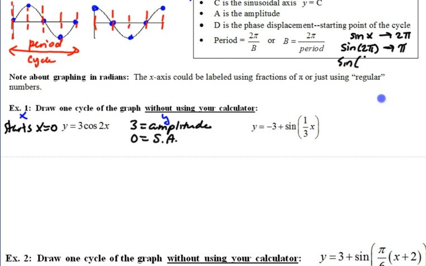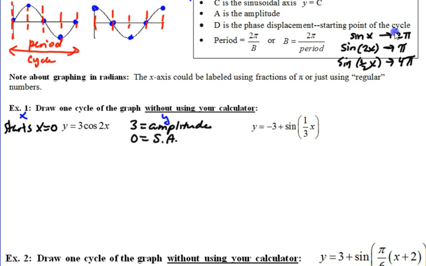If this is 1/2 x, this has the effect of making the period twice as wide, so our period is now 4 pi. Notice that in general, we take 2 pi and divide it by the number that's multiplied times our variable in the sine or cosine function, and it gives us the period.